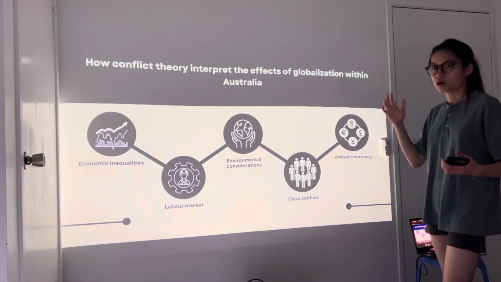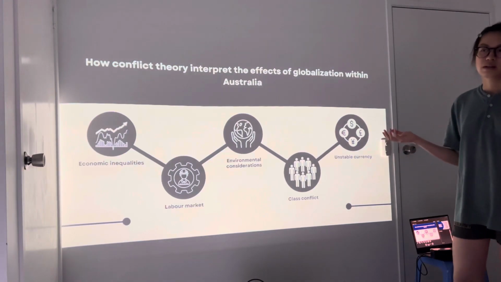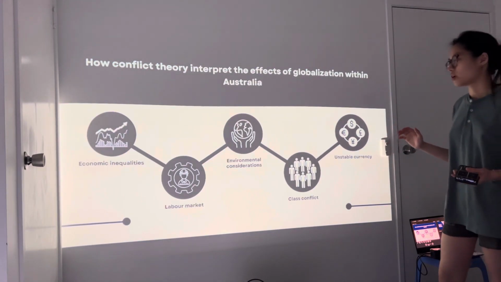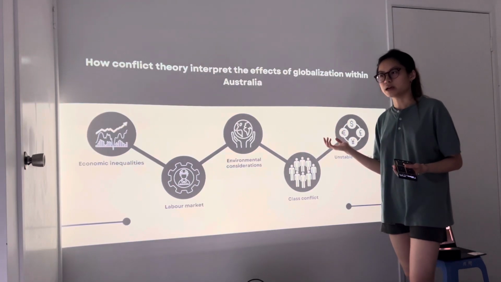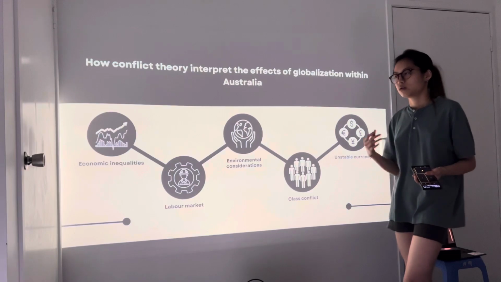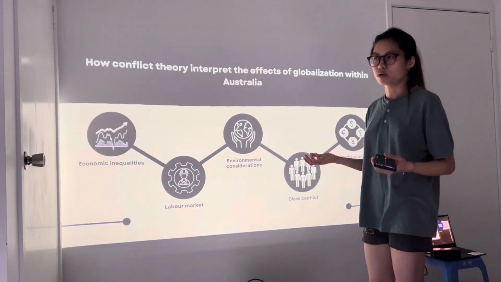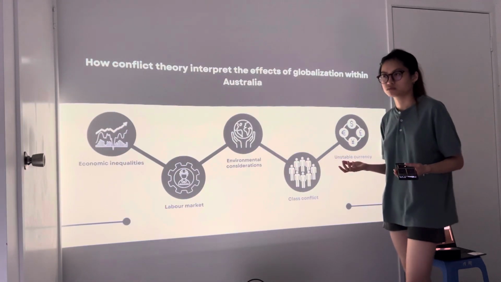Money will go in and go out of Australia rapidly. Therefore, the Australian dollar will not be as valuable as the day before, or it could be a lot more valuable tomorrow.